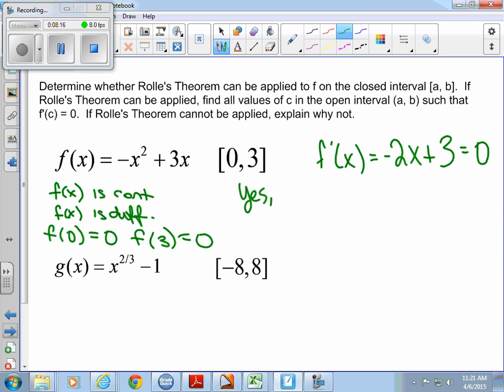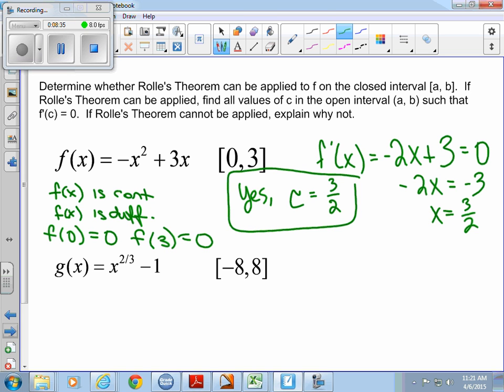Set that equal to 0, find the x value that makes that equal to 0. C equals 3 over 2. Any questions about that one? So Rolle's theorem does apply, and C is 3 over 2.